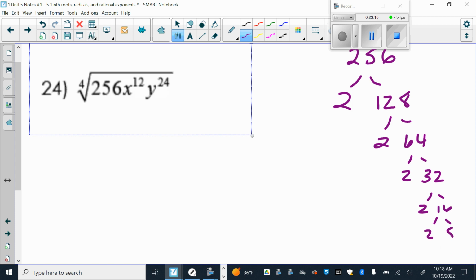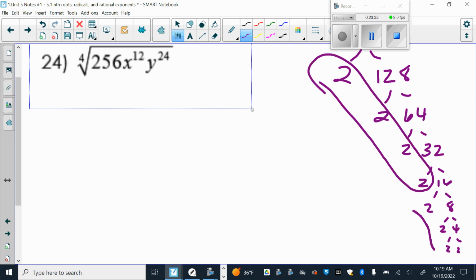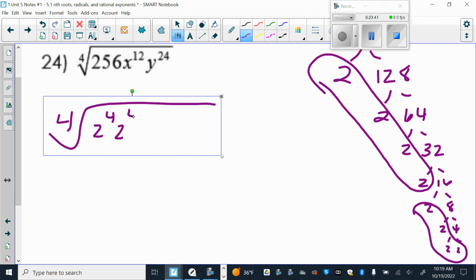That's 2 and 8, which is 2 and 4, which is 2 and 2. So I'm taking the 4th root, so I have 2 sets. So 256 is made of 2 sets of 2 to the 4th.